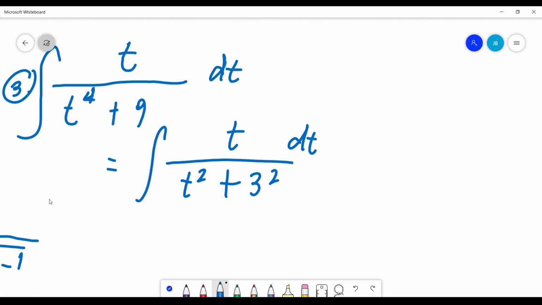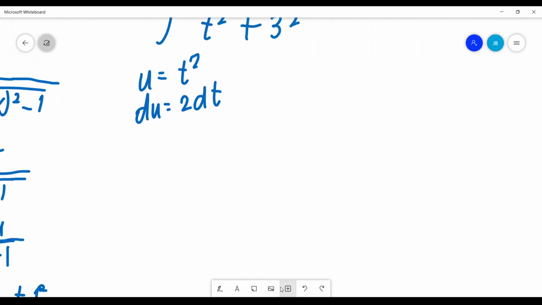All right. So let's let u is equal to t squared. So your du is equal to 2t dt. So our t dt is equal to du over 2.